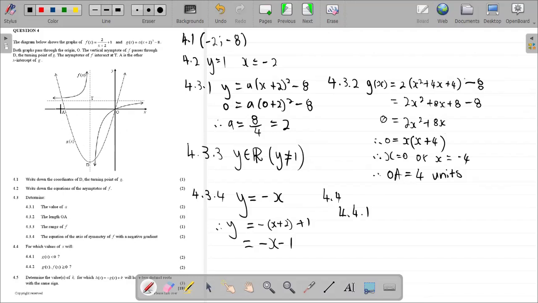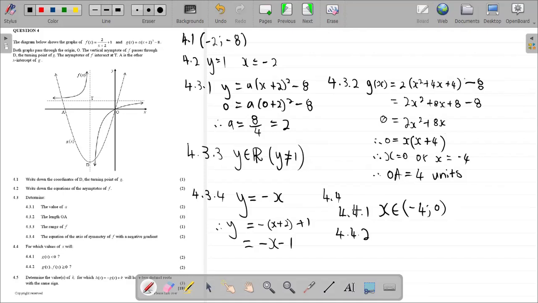It's less than 0 between negative 4 and 0, when it's below the x-axis. So x is between negative 4 and 0.